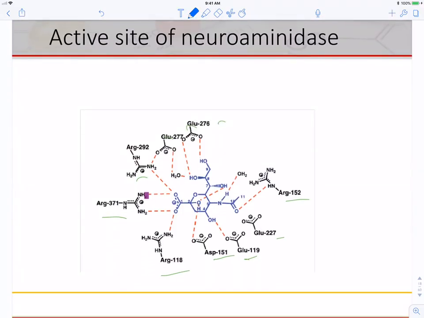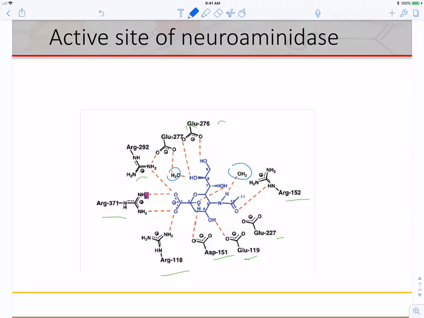Okay, so the active site of neuraminidase is known. We do have the crystal structure of the enzyme with the sialic acid inside. And what we can see here is that several interactions are in charge, basically are devoted to stabilizing this. First of all, also in the active site, there is space for water.